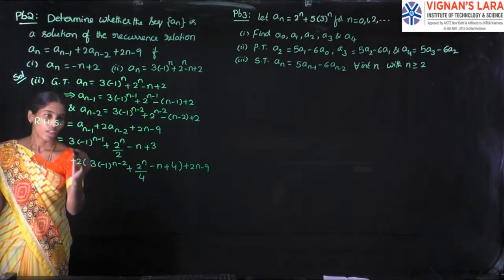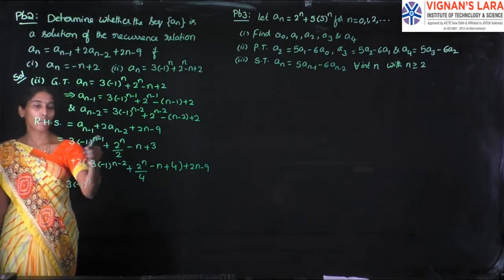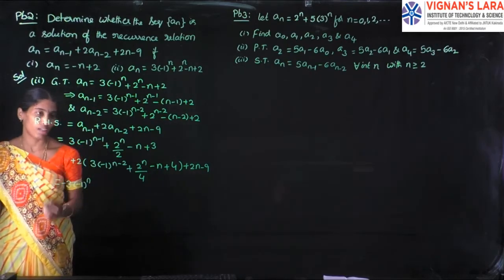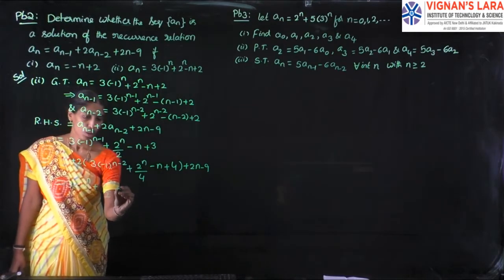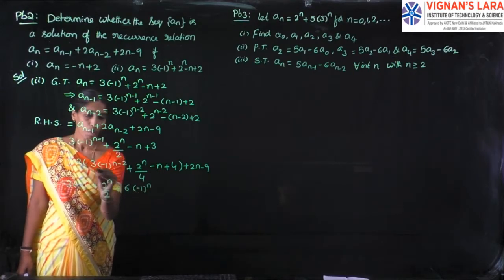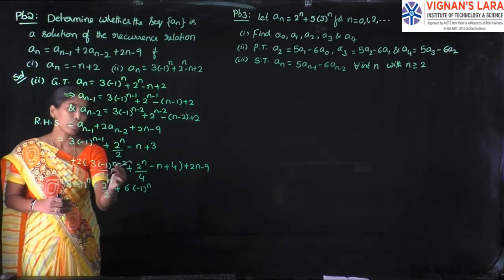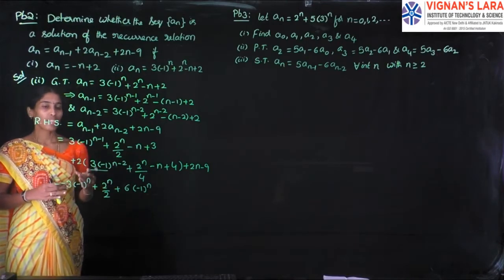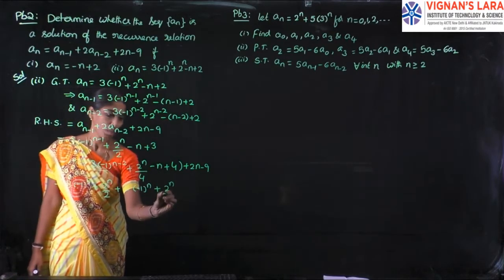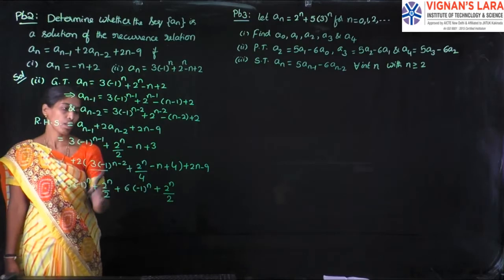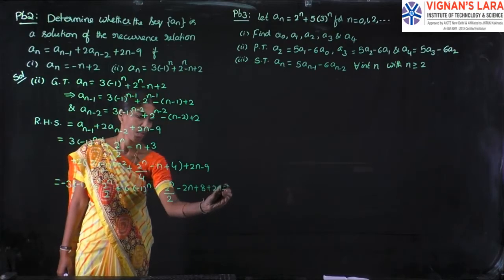So now this is 3 into (-1)^n. One more minus 1 is there because (-1)^(-1) has the value minus 1, plus 2^n/2, plus 2 threes are 6. (-1)^(n-2) can be written as (-1)^n into (-1)^2. So (-1) squared is plus 1, plus 2 into 2^n/4 becomes 2^n/2, minus 2n plus 8, plus 2n - 9.